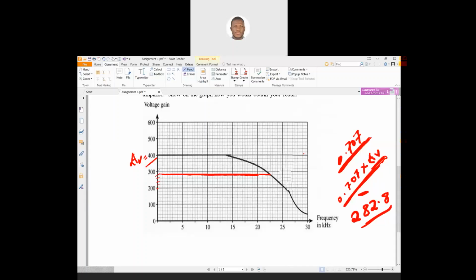So when you trace 280 all the way to see where it will touch the graph, it touches the graph at this particular point.